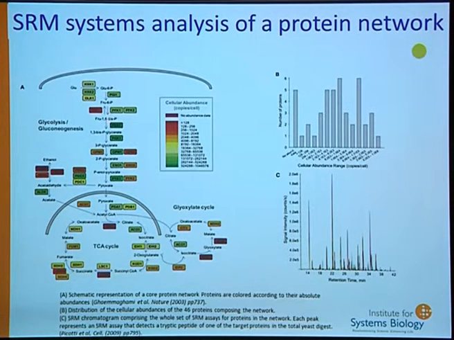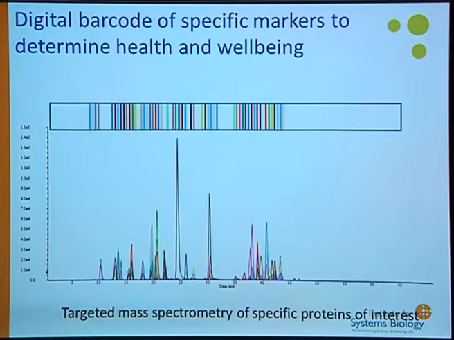So you can have signature peptides for each one of those, and measure them by SRM. As you change those conditions, you can start to measure how those proteins change relative to each other. This is a benefit of being able to do this in a very targeted manner, looking at a particular system at a particular time.